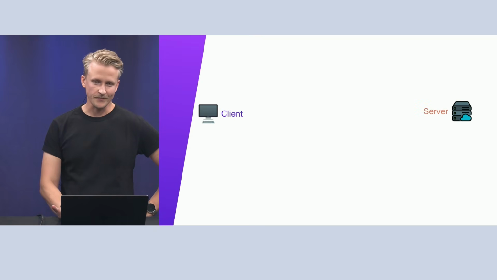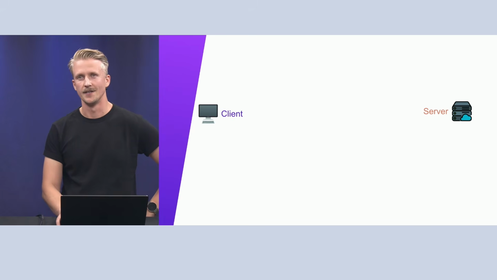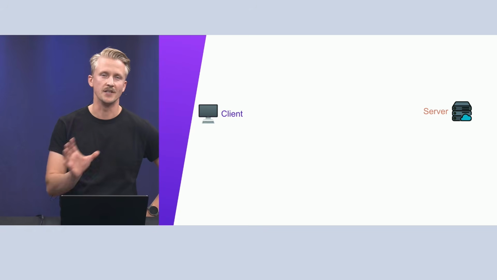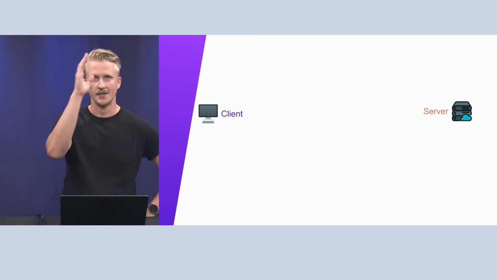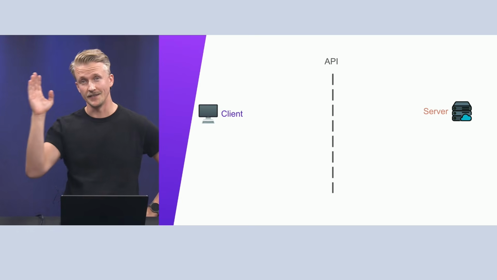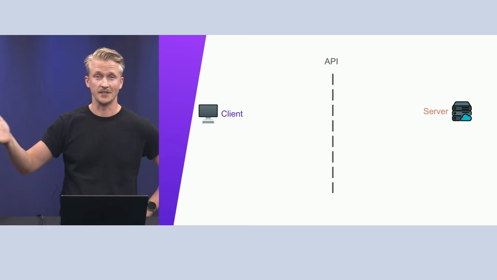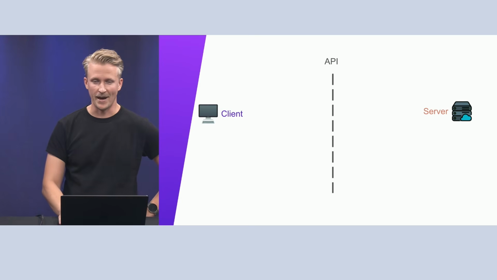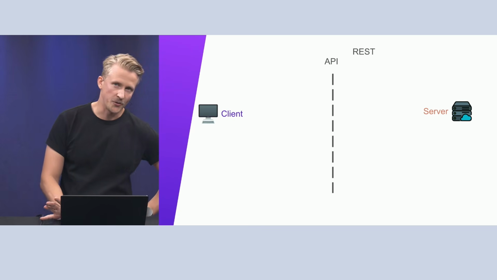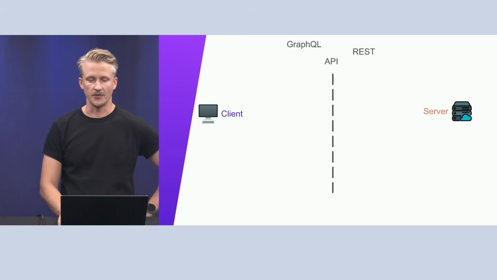Cool. So I've been doing development, both front end and back end, for about 8 years, and the general setup is usually you have some front end code, you have an API, and you have a server doing some things on the back end, kind of hidden from the user. The API could be either REST or GraphQL.